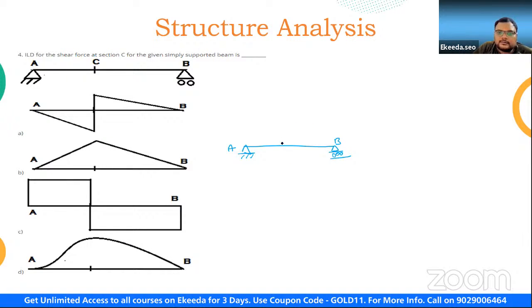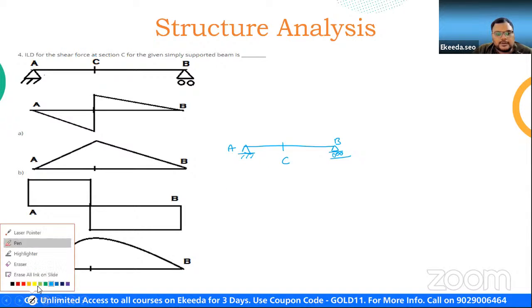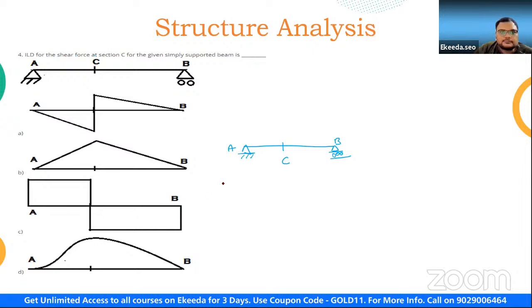So here somewhere it is point C. We have to draw the influence line diagram for this one. We have to draw the ILD for shear force at section C.